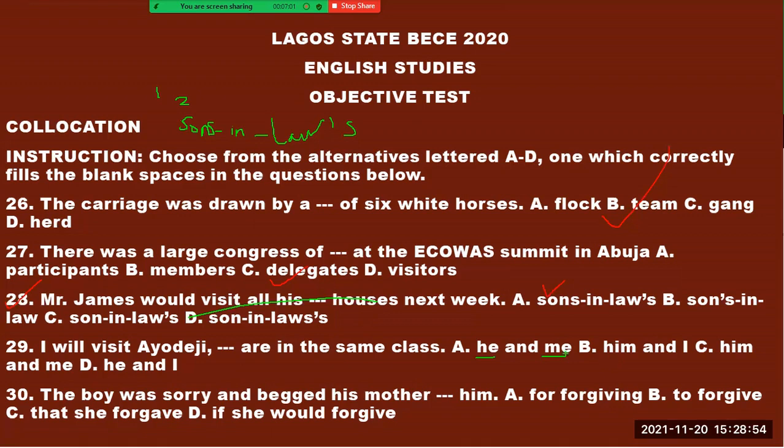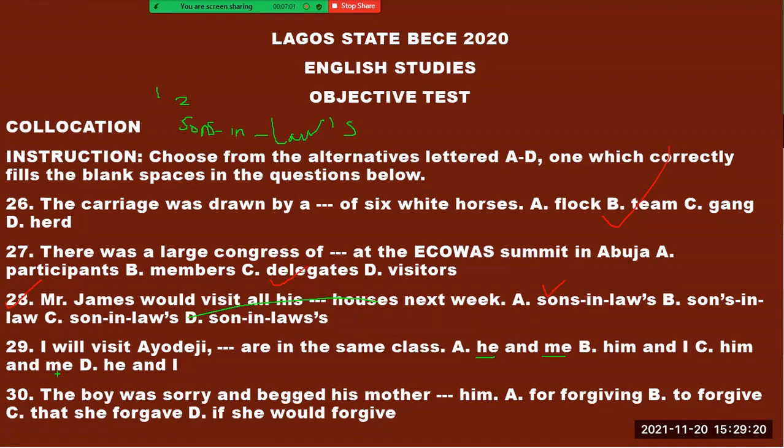Him is. The same way, if you remove he and me, you cannot say me is or me am. No, you can only say I am in the same class with him. So option C, him and me, you cannot say him is or me is.